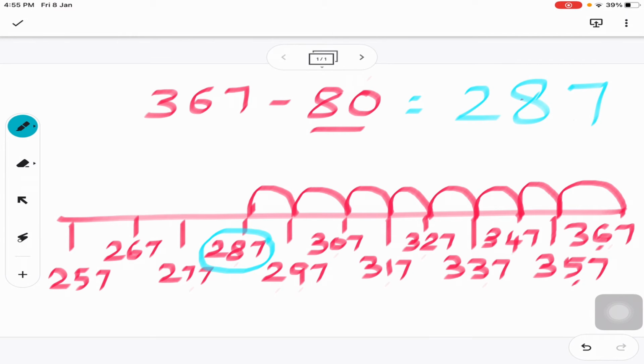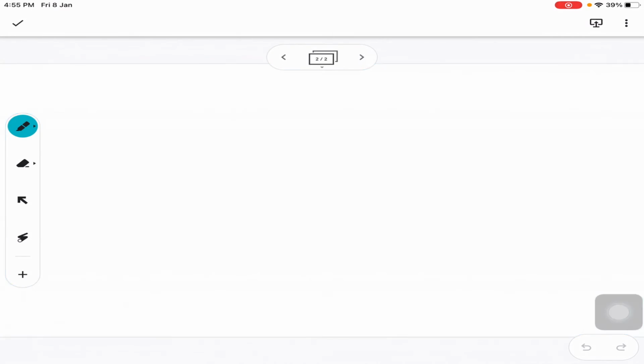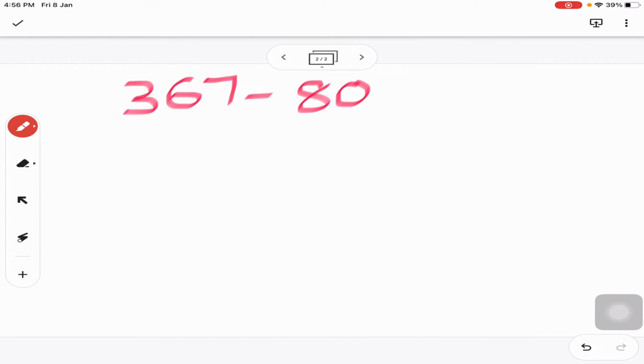Now let's see what's the other method we can use to subtract. Our number is 367 minus 80, right? First, make a note of this. You are going to subtract 80, and you are going to subtract from 367.